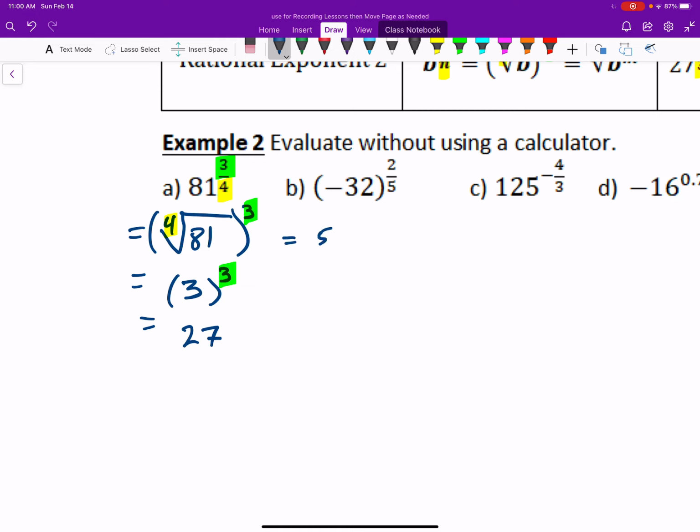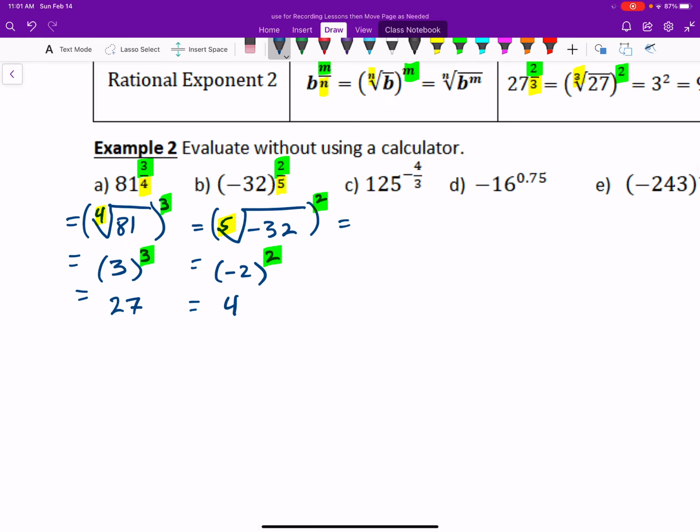I'm going to take the fifth root of negative 32. We've seen we can take odd roots of negative bases. Fifth root of negative 32 is negative 2. And then I'm going to square negative 2. Negative number squared, if it's in brackets, as this one is, is going to be positive 4.